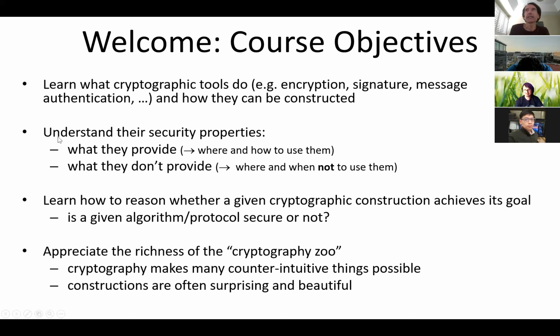Now, the most important thing from my point of view, my philosophy, and not only mine, but a lot of people who teach this subject as well, is that the most important thing to understand is the security properties that the cryptographic tools provide. Technically, what security properties does something provide?